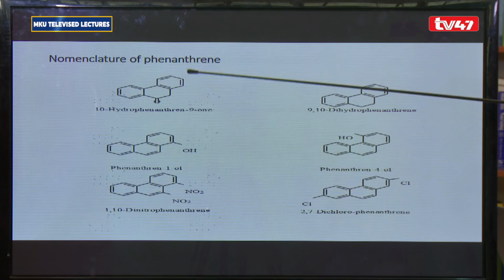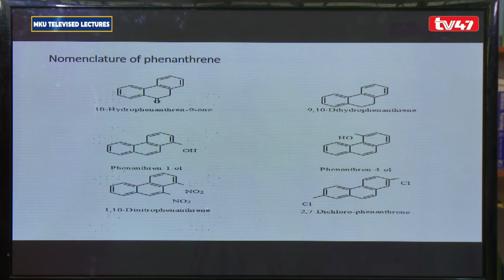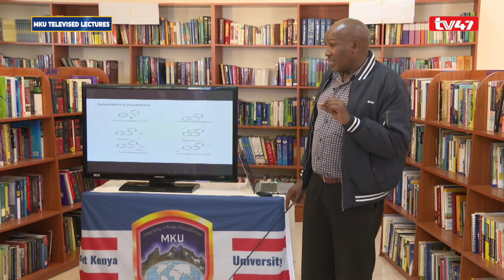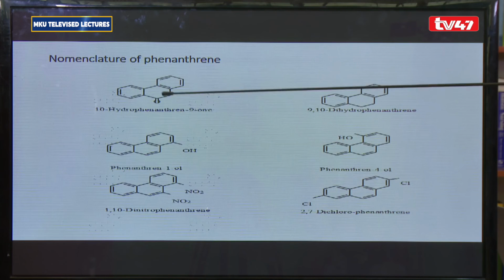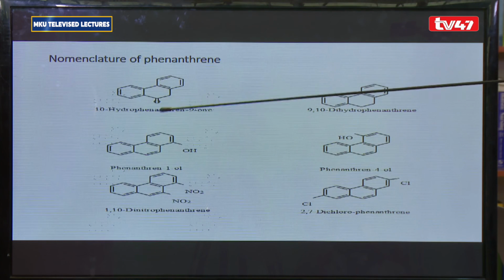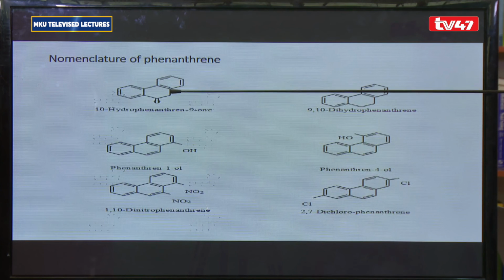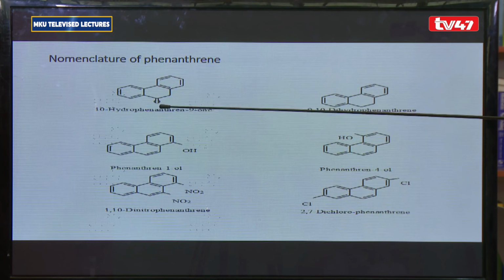In that case, we can look at phenanthrene as being very similar to anthracene, only that instead of positions 9 and 10 being opposite, at the middle carbon, the positions that can be substituted, which are still 9 and 10, are adjacent to one another.